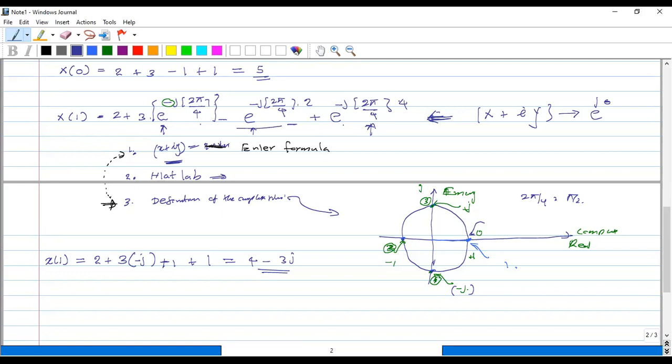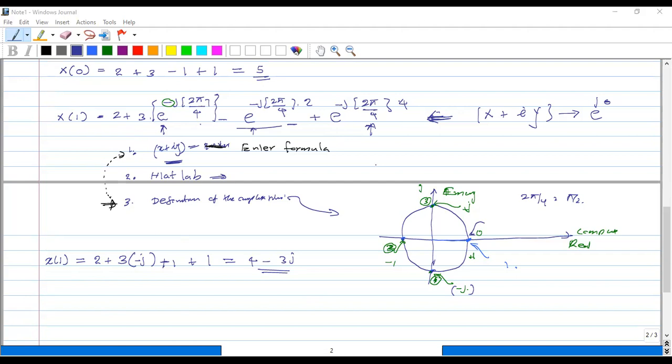Next I have to write this one, plus e to the power minus j 2π by 4 times 4. So here it should be multiplied by 4. Let's find what value we get. We have 4 minus 3i. What's happening? It should be 4 minus 3i. What is the issue?